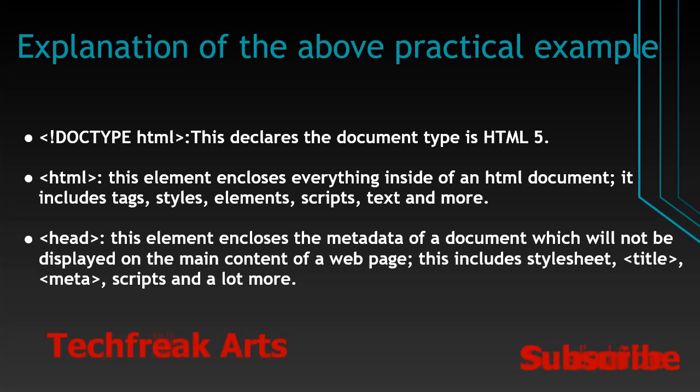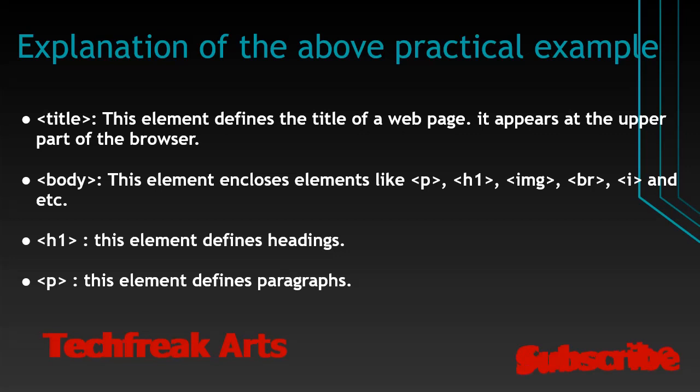Now let's take a look at more of the examples that we just saw. Here's another. We have the title. This element defines the title of a web page. It appears at the upper part of the browser, as we saw in the previous part of the video. Wherever we wrote Hello World, it was showing in the Chrome browser at the upper part.